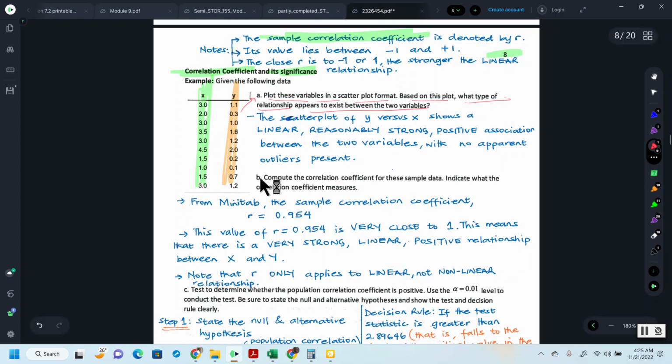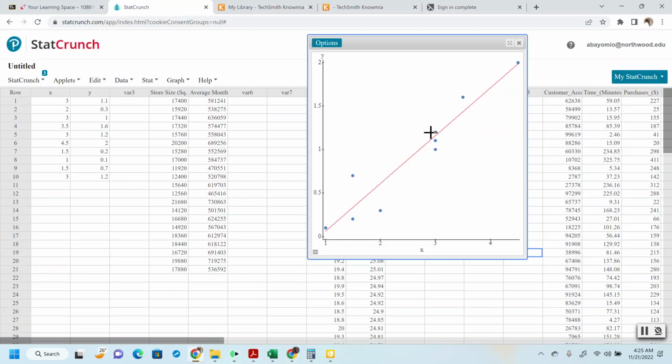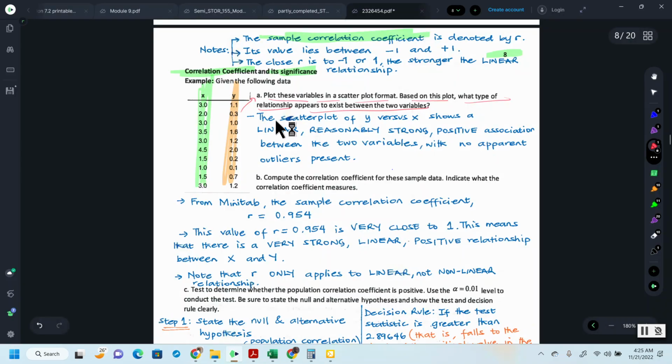The next step then is, if we see, based on the scatter plot here, that there is some relationship, we need to ask the next question, which is how strong is that relationship between y and x? To answer that question, we need the sample correlation coefficient. This is denoted by lowercase r.